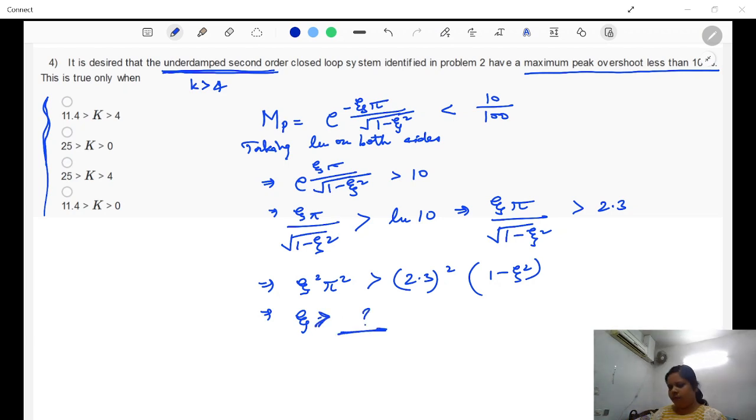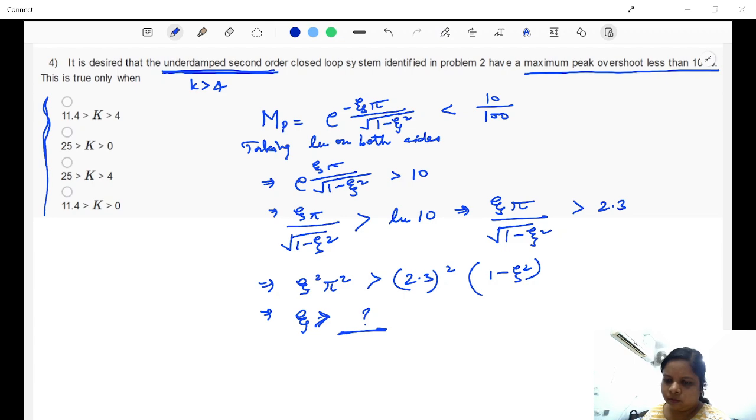What is this quantity? Has anyone got the answer?